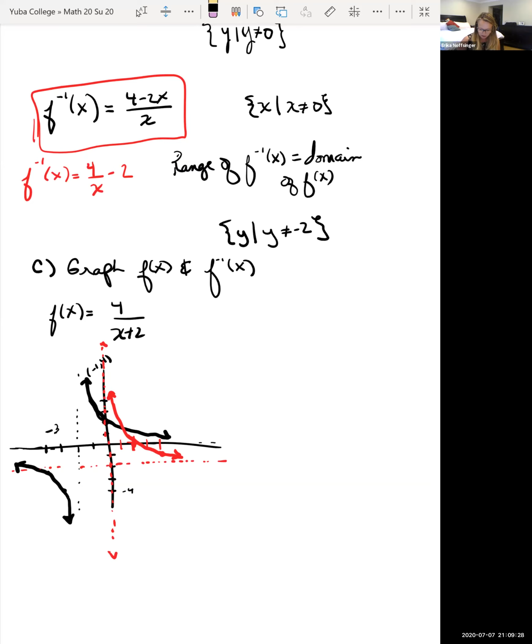And then we know that this piece here is below, but it's shifted. It's shifted this way. And so let's just name a couple of points that we had over here. We had seen a point that was (-3, -4). That's now becoming (-4, -3).